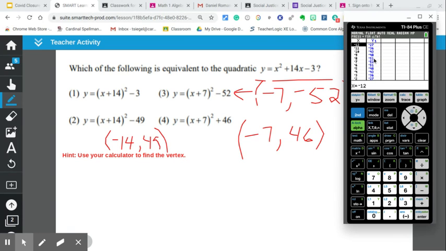If you go up one, it's -51. You go down one, it's -51, and then the pattern repeats. They're the same up and down. I like to get my vertex right in the center, and then you can see the top one is -27, and this is -27, and then the next one is -36. So this is where the vertex is on your calculator: -7, -52.